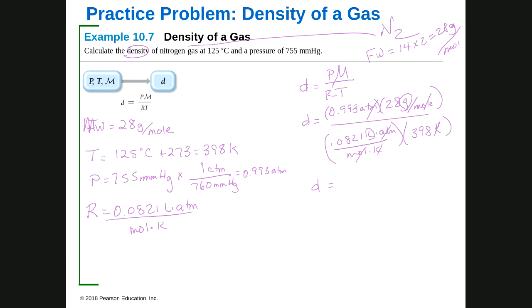And so when I do those calculations, if you get what I got, 0.851, and if you get 52, that's okay, grams per liter.